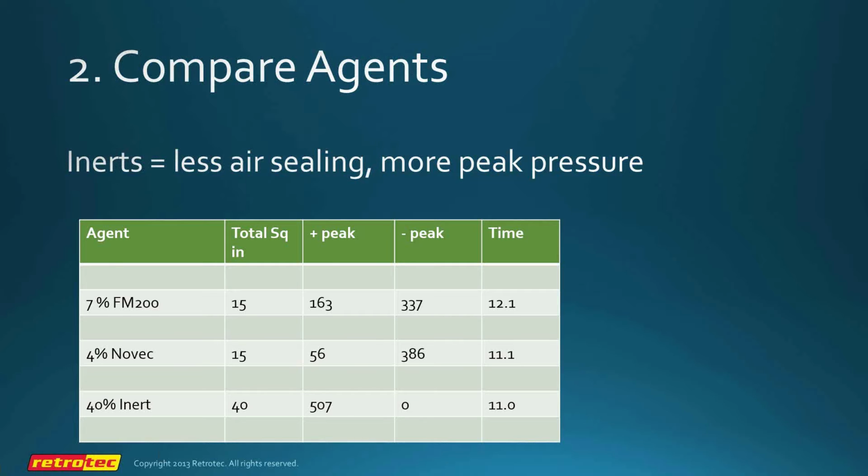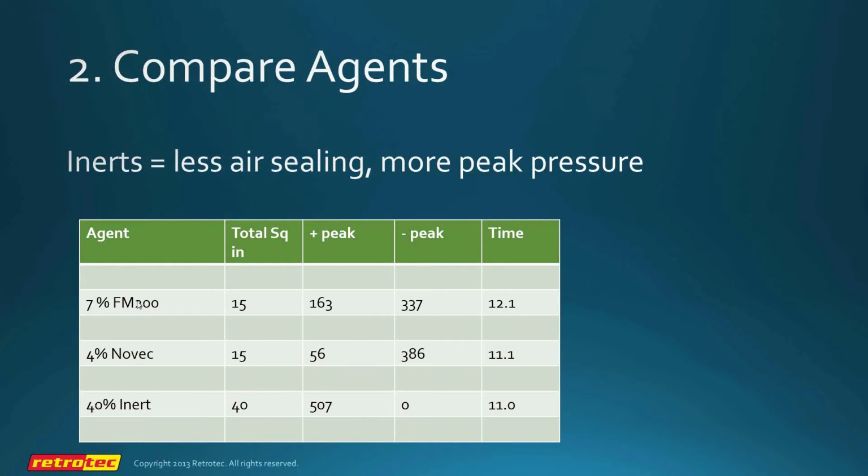So once we tighten the enclosure down more, we find that the peak pressures come up to roughly the same values. Not quite. So here with FM200, on the negative side, we're running 337, 386, with Novec, 507 with a 40% inert agent. If we were at 38%, we'd probably be pretty close.